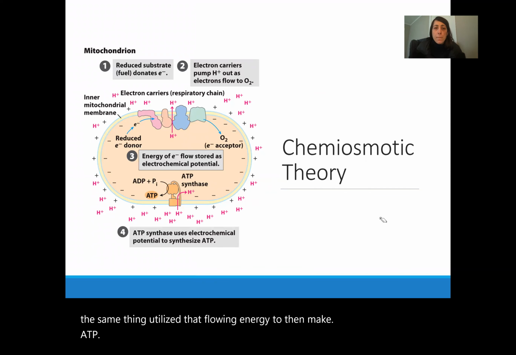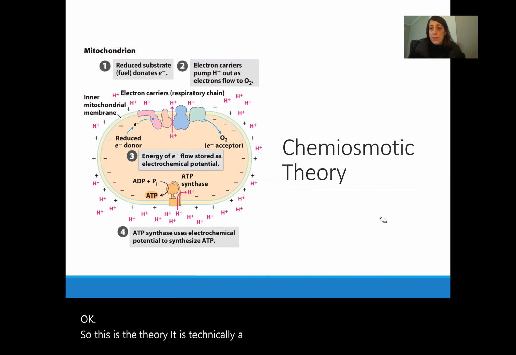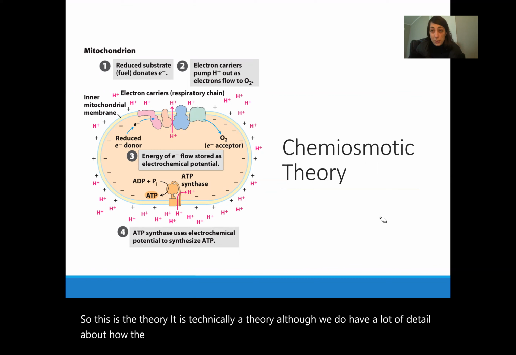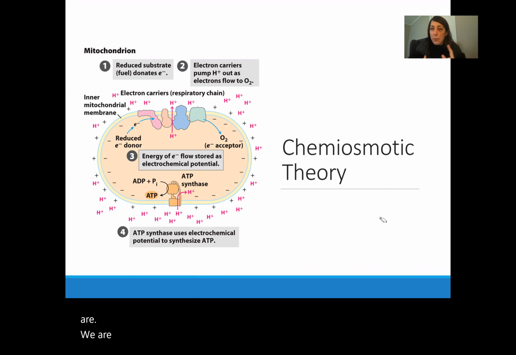Okay, so this is the theory. It is technically a theory, although we do have a lot of detail about how the electron transport chain works. There are still some small areas where we're unsure of exactly how things are happening.